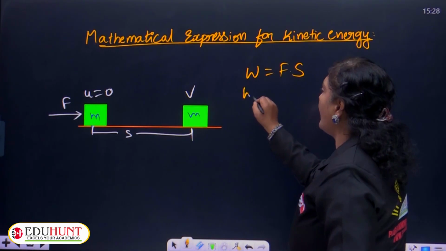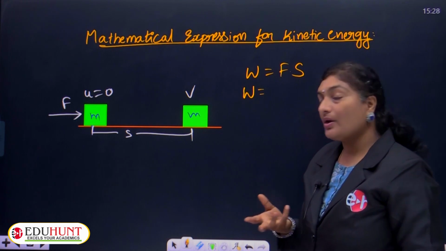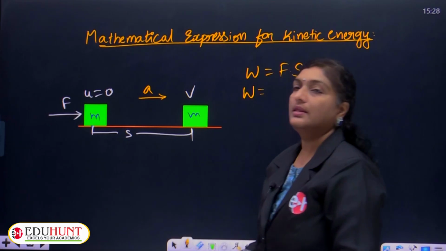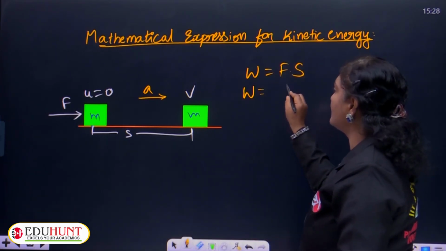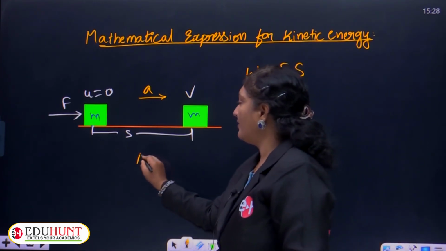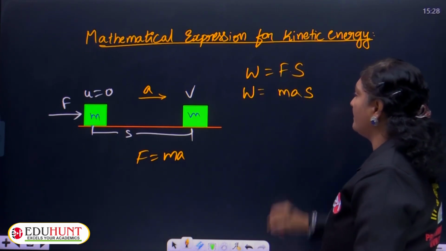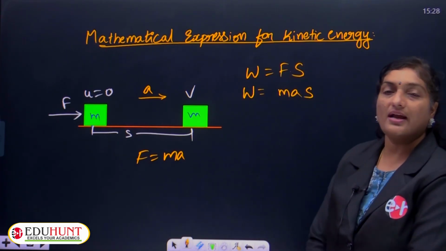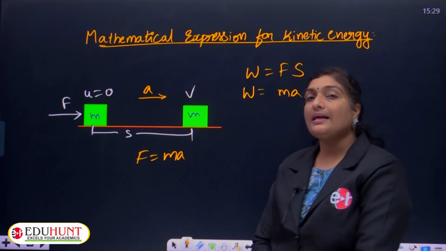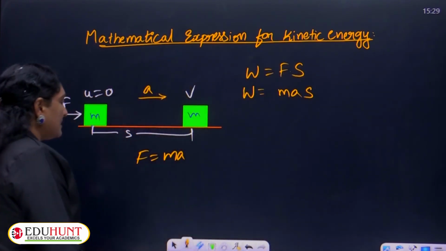As the body is accelerating, with mass m and some acceleration a produced in the body, the force can be written as F equals ma, mass into acceleration. So ma multiplied by distance. What is the value of work done, children? W equals mas.